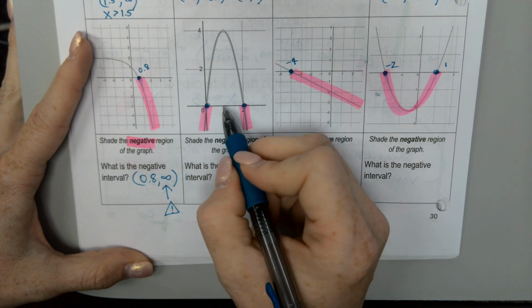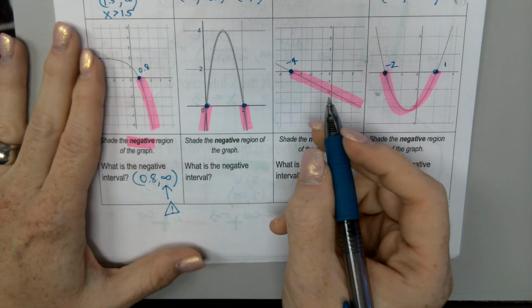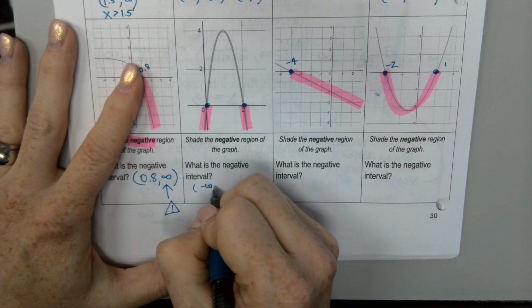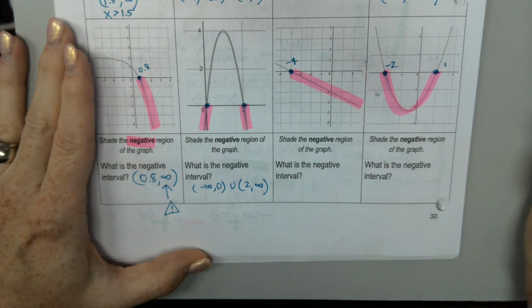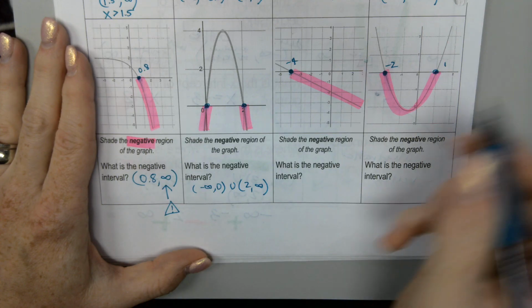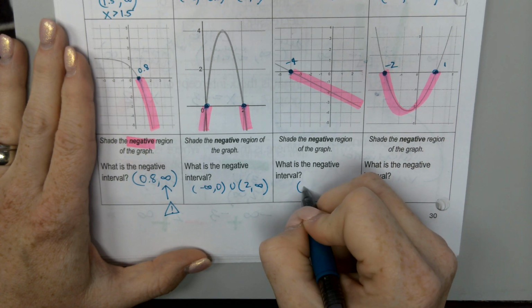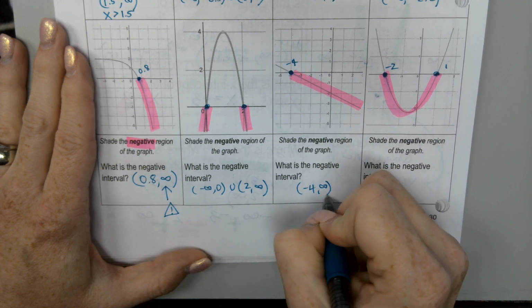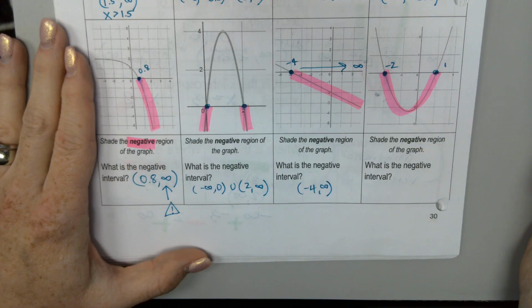All right, what about here for this one? I've got 2 negative intervals. Union 2 to infinity. Excellent. Okay. What about this negative interval? Negative 4 to positive infinity. It's the right side of your x-intercept.